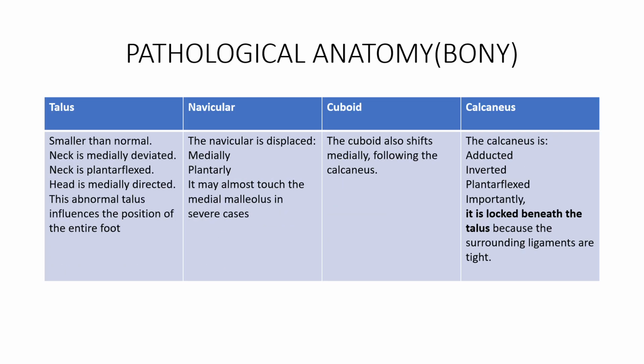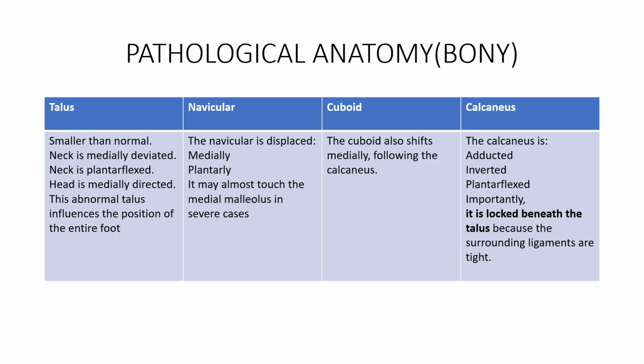Pathological anatomy regarding bony deformities. The talus is smaller than normal. The talar neck is medially deviated. The talar neck is plantar flexed. The talar head is medially directed. This abnormal talus influences the position of the entire foot. So the main deforming bone is the talus.